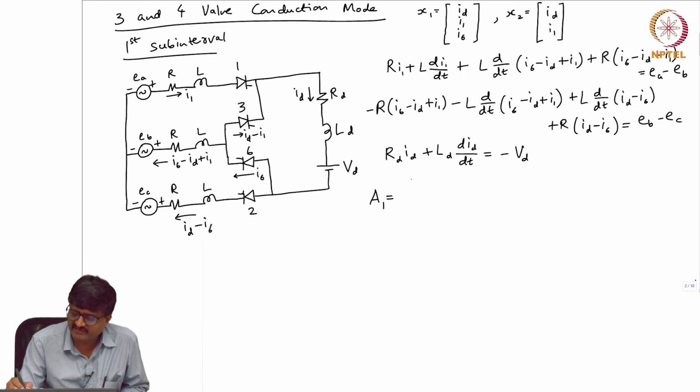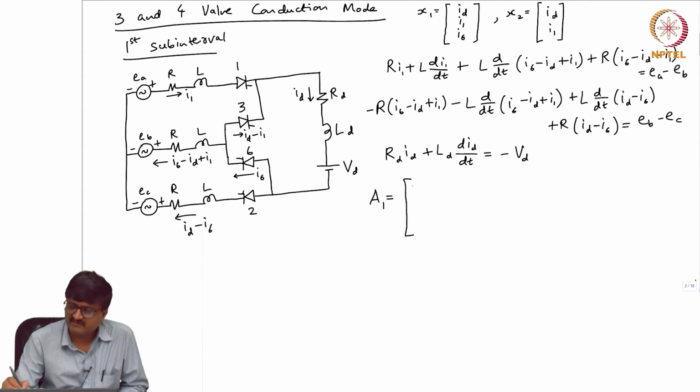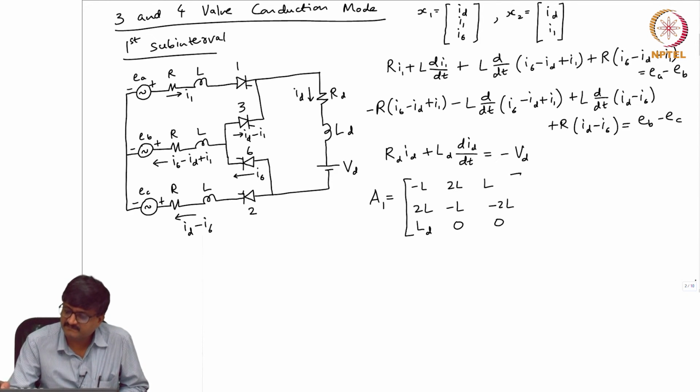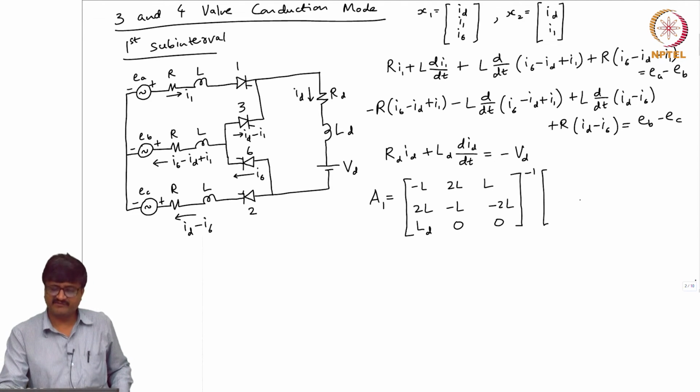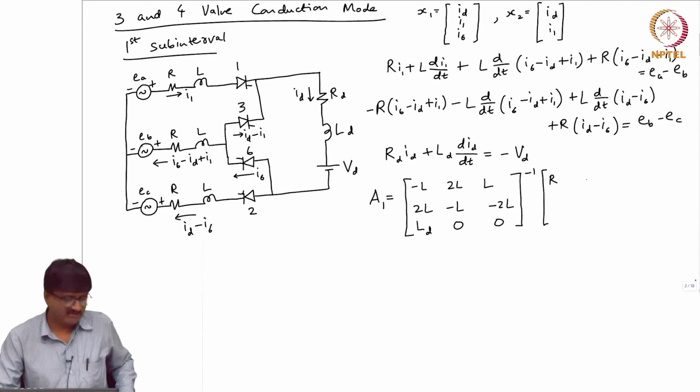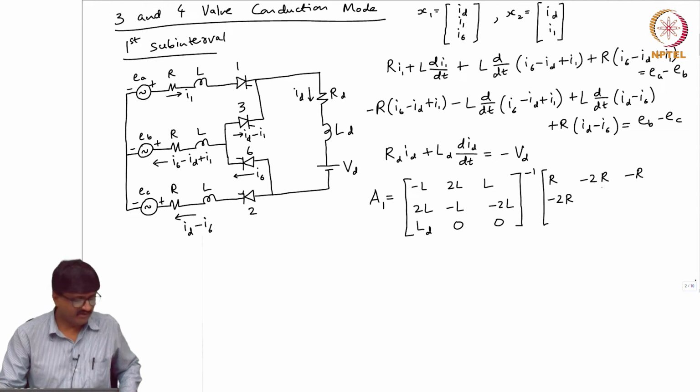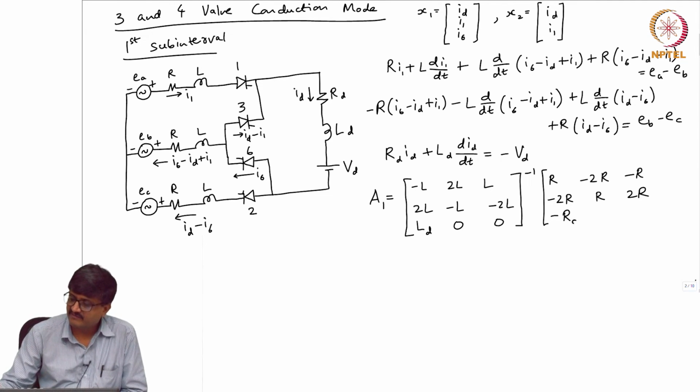So, please verify that A1 is the inverse of the matrix [minus L, 2L, L; 2L, minus L, minus 2L; LD, 0, 0] into the 3 by 3 matrix [R, minus 2R, minus R; minus 2R, R, 2R; minus RD, 0, 0].